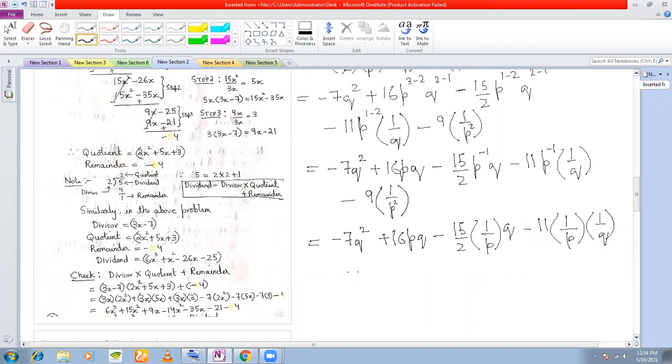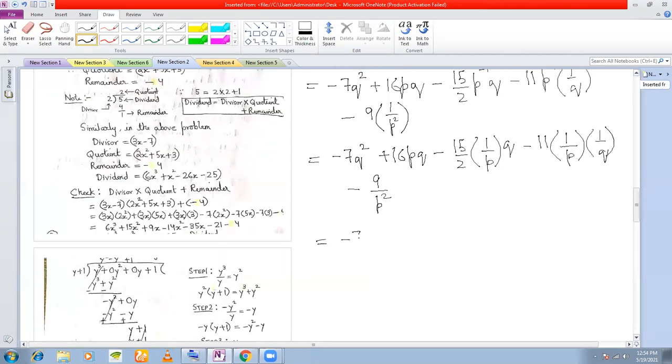And finally, you have 9 by p². So therefore, you have minus 7q² plus 16pq minus 15q by 2p minus 11 by pq minus 9 by p². That's it. That is your answer.